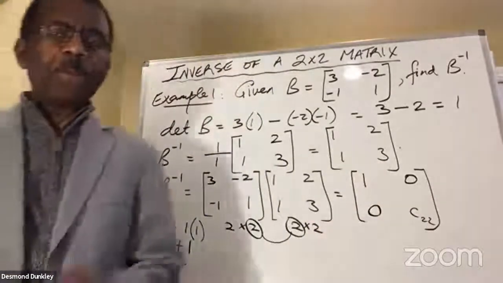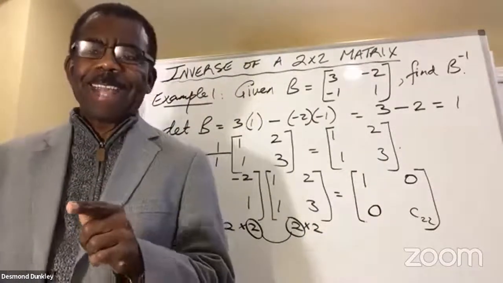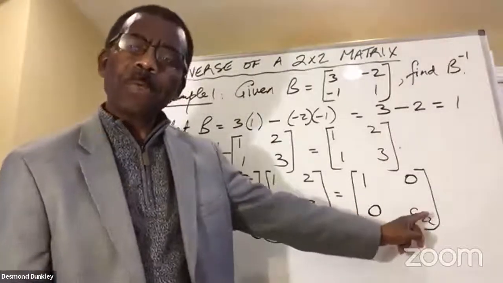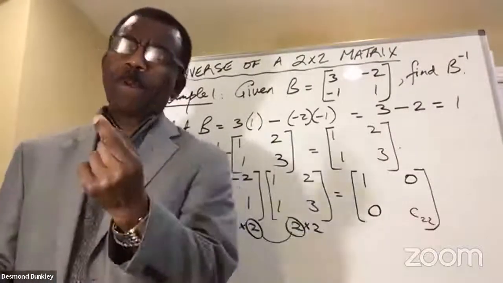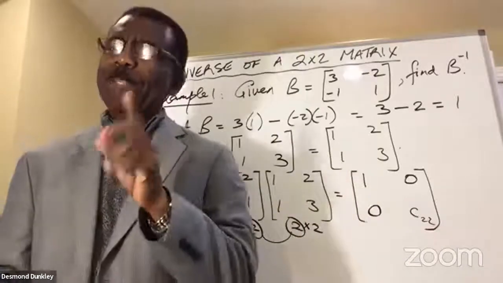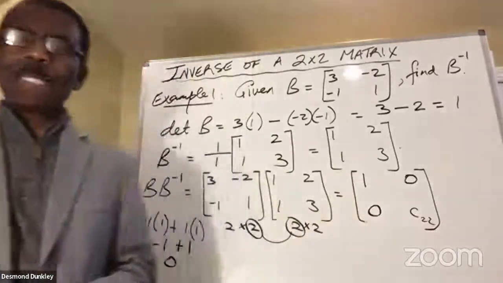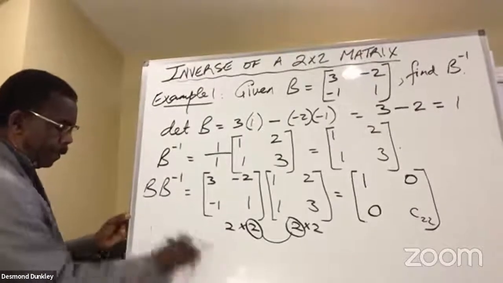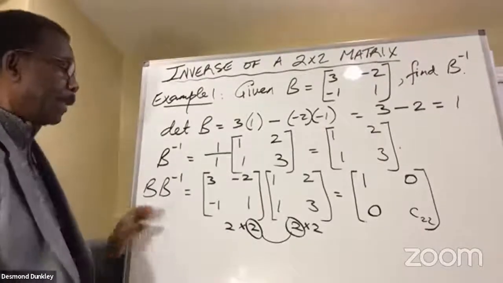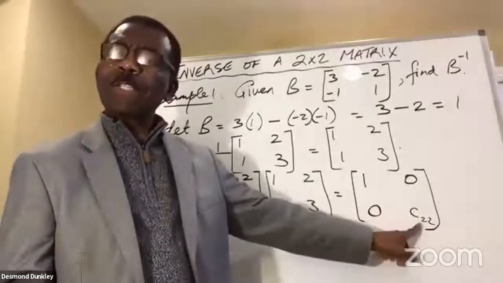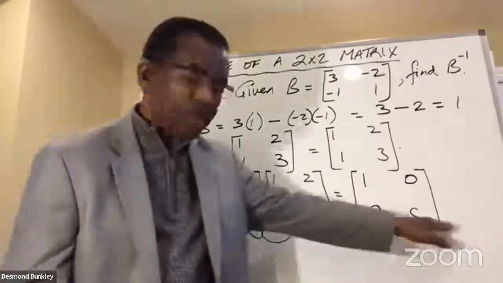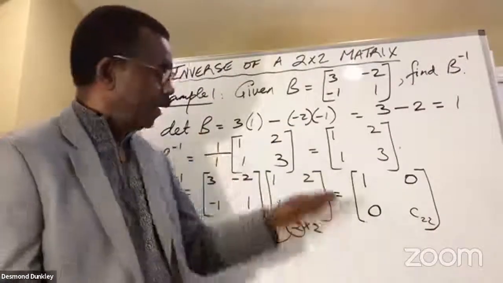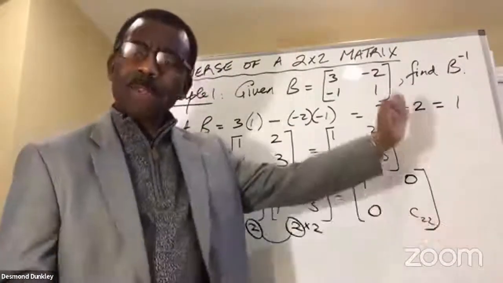Now, if you are a betting person and I was to ask you, what do you think the last value is going to be? What would be your bet? You're correct, you'd have said 1. Let's go for it and see if we get 1. The 2-2 position is in the second row, second column. It's at the intersection of the second row and the second column.